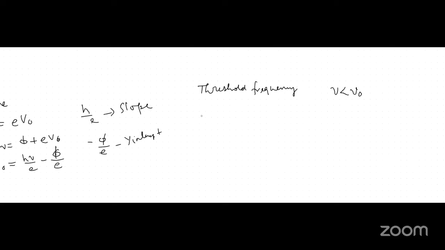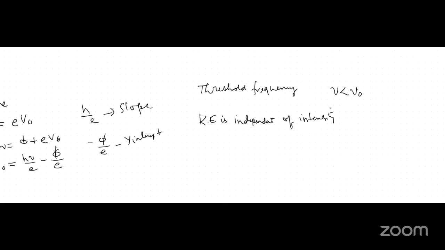Each photon has a fixed energy, as we have seen, which is h nu. So intensity will only affect the number of photons.